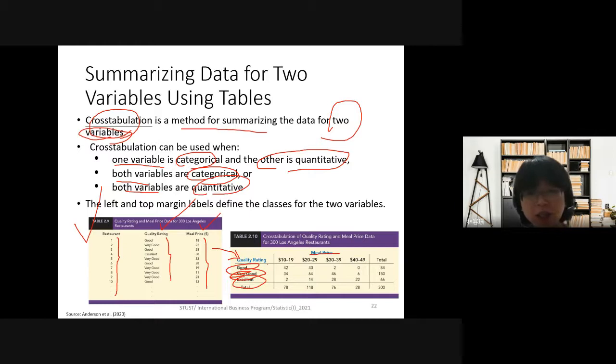Then we can calculate: if the meal price is in the range from 10 to 19 and its quality rating is good, there are 42 restaurants, and if the meal price is from 10 to 19 and its quality rating is very good, there are 34.